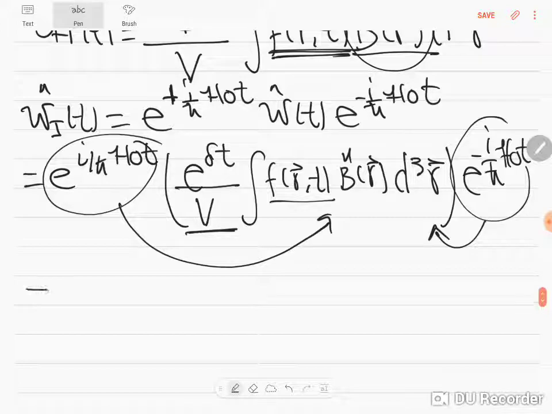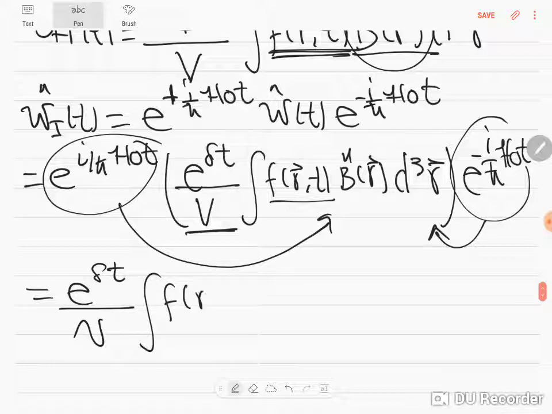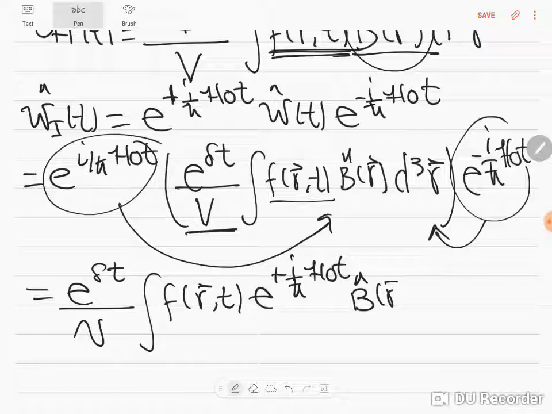So W_I of t, which is the perturbation in the interaction picture, reads e to the delta t divided by the volume, integral of f of r comma t, e to the plus i over ħ H0 t, operator B of r, times e to the minus i over ħ H0 t.